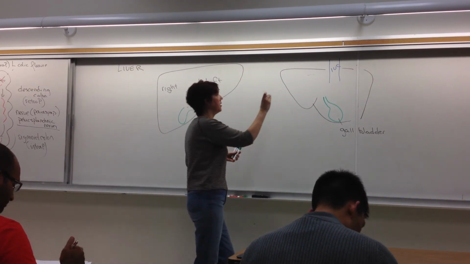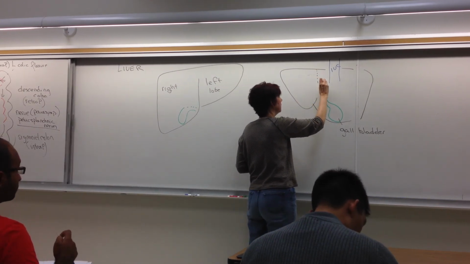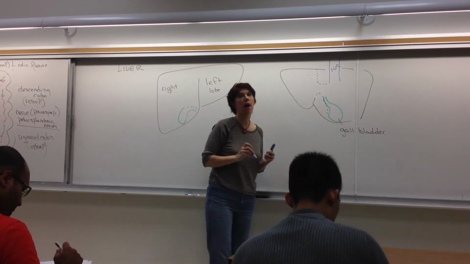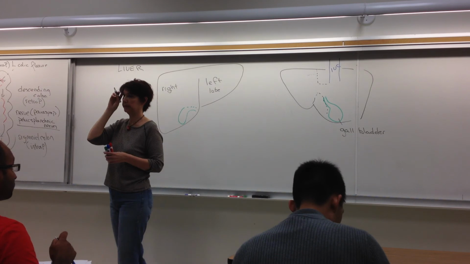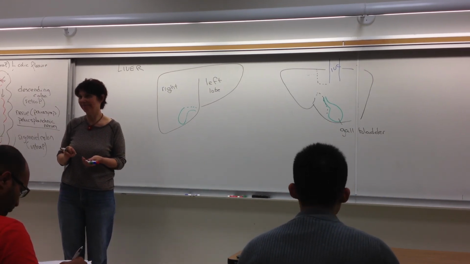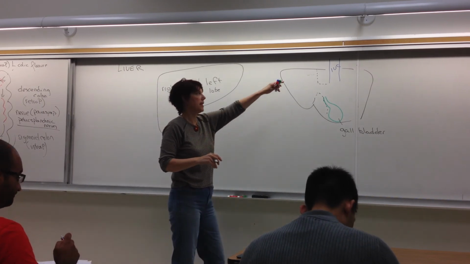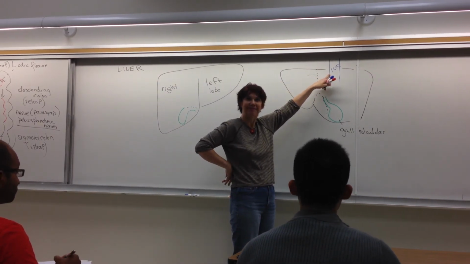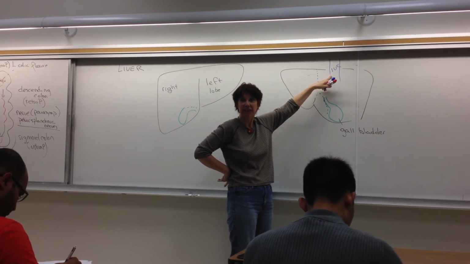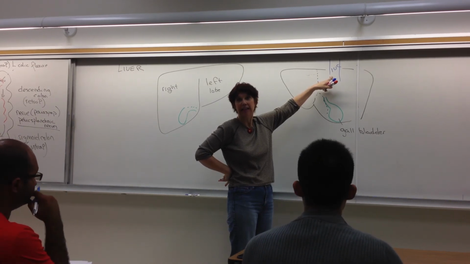So in this region right here, and in this region right here, we see two smaller lobes of the liver. One is called the caudate and one is called the quadrate. Now, this is closer to your backbone, and a tail is posterior, caudal meaning tail.